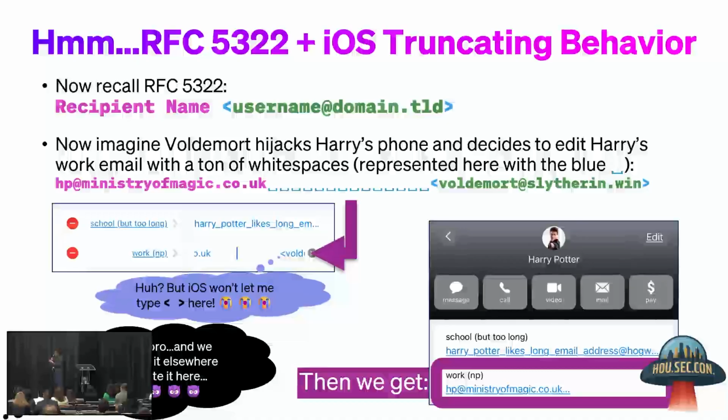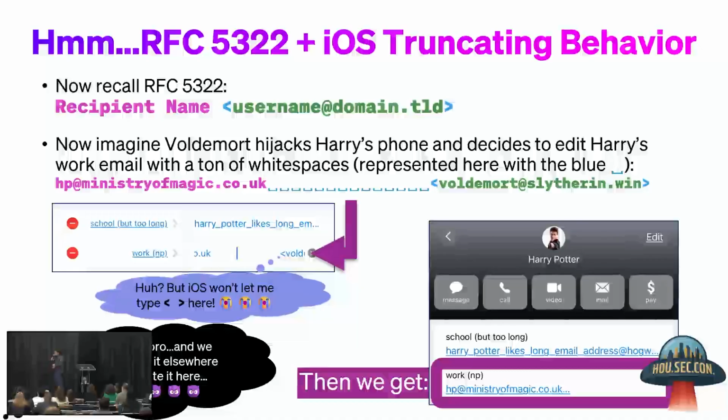If you have a whole bunch of spaces, right? So what I basically did is, can I get iOS to treat the first email as the name of the recipient, and then put the actual recipient email address within the angle brackets and just put a whole bunch of spaces, since the way it truncates it is it will just show a dot, right?